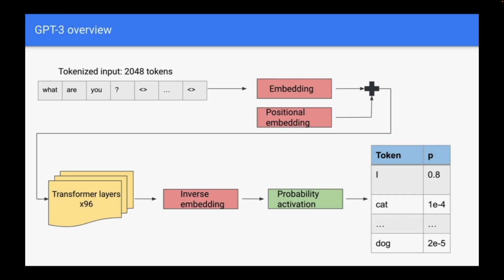Once you come out the other side of the transformers, you're still in embedding space. You've got to go back to our vocabulary space, where you're dealing with well-defined tokens. So we can apply basically the inverse of the embedding operation. And then we can apply what's called, by the deep learning people, a softmax activation. The idea is really that we just get numbers back that we can interpret as probabilities. And those are the basic pieces.